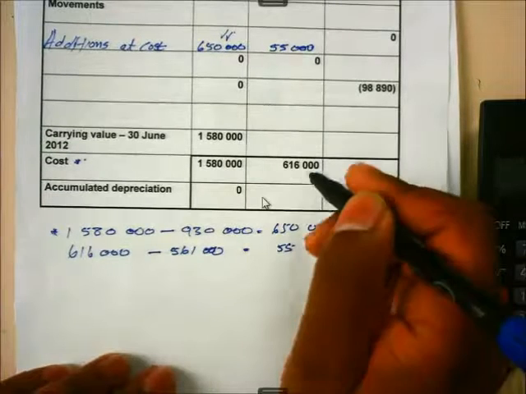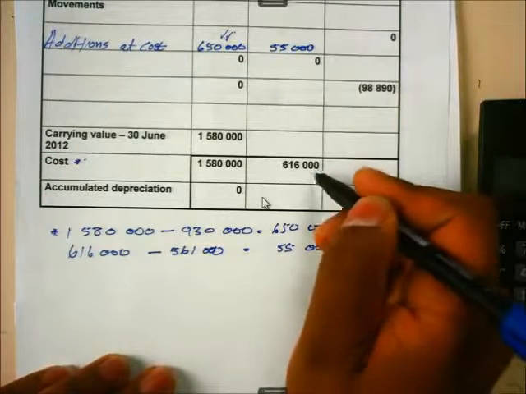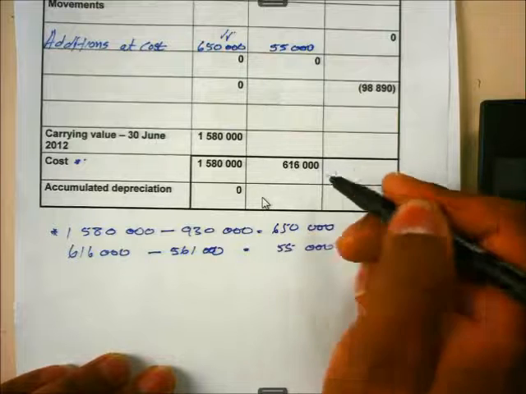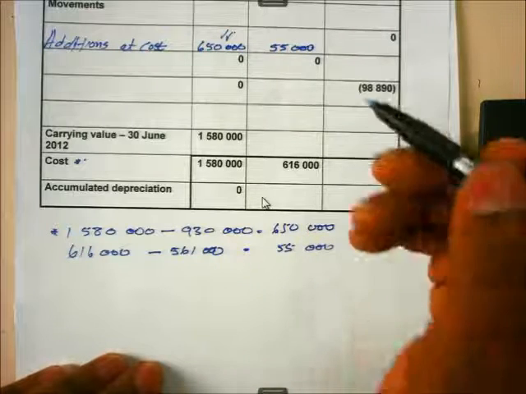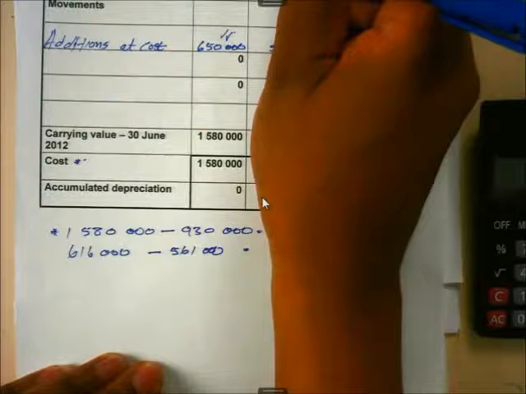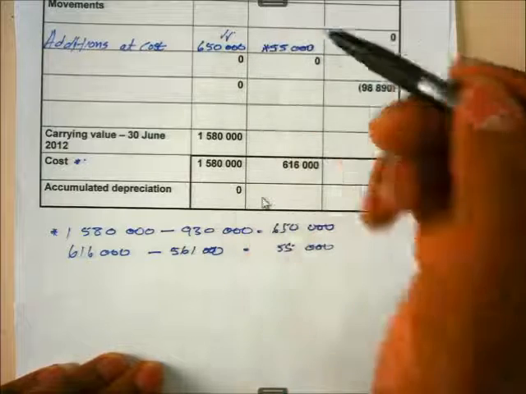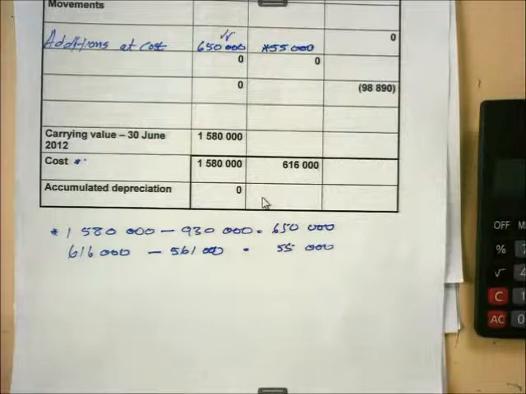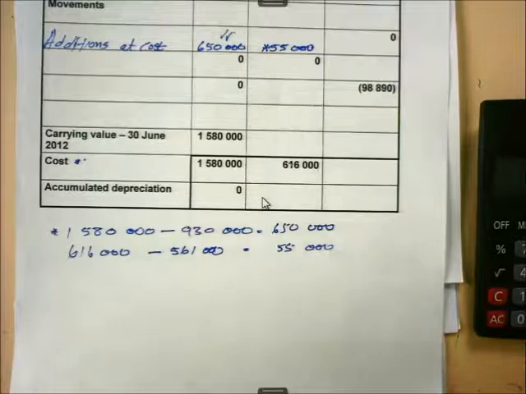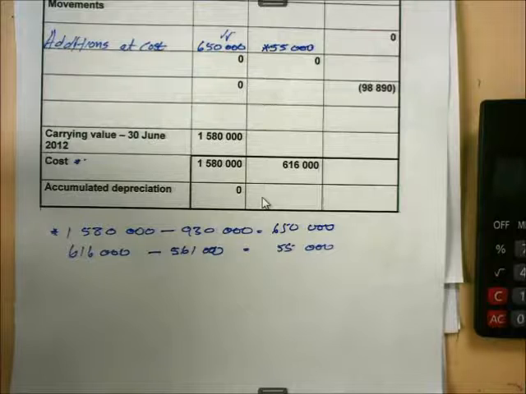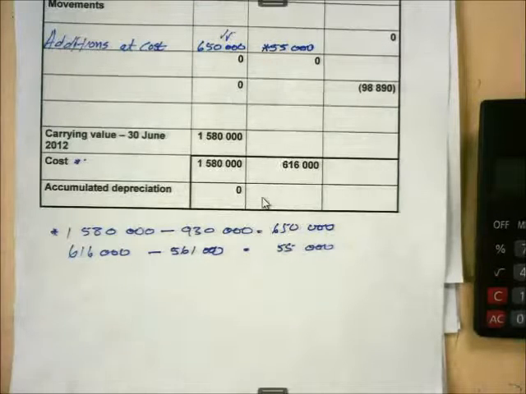You cannot use this amount because it includes both new and old. You have to calculate depreciation on the old equipment and also calculate depreciation on the new equipment because they were used for various periods. Remember, depreciation is the reduction in the value of an asset through wear and tear, through usage. Therefore, the period for which you use an asset becomes very important.